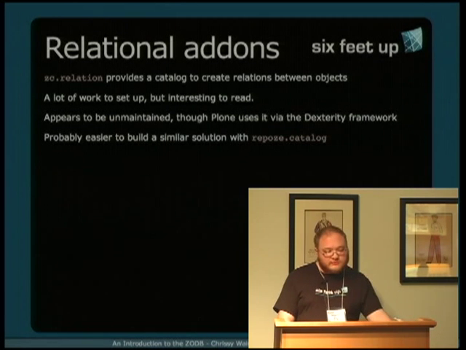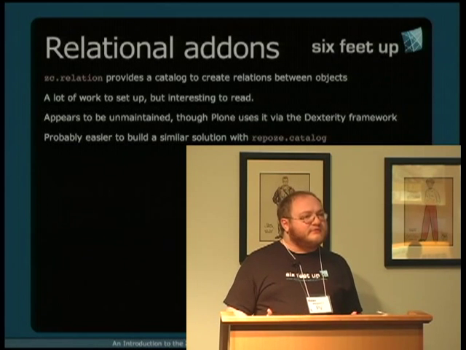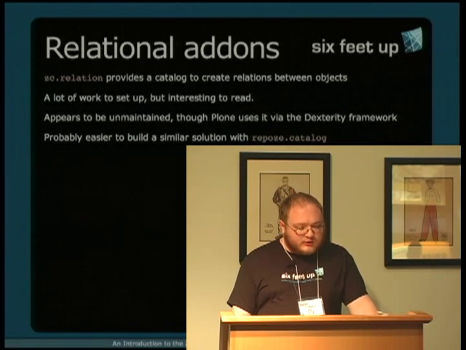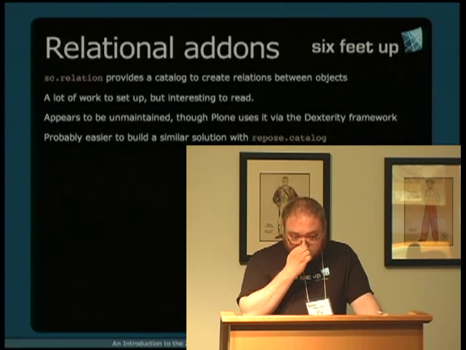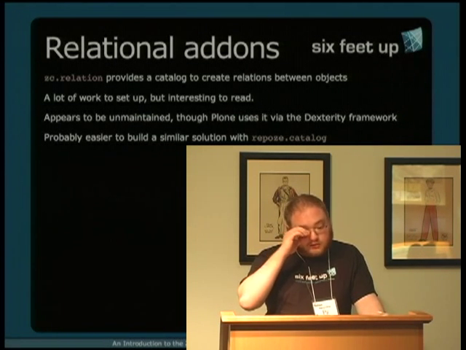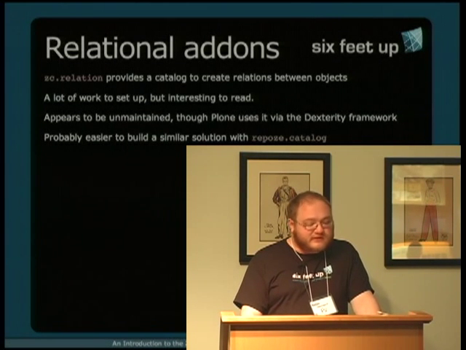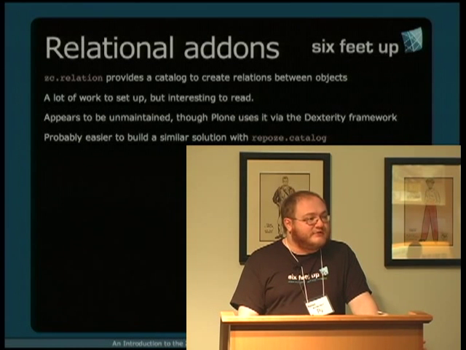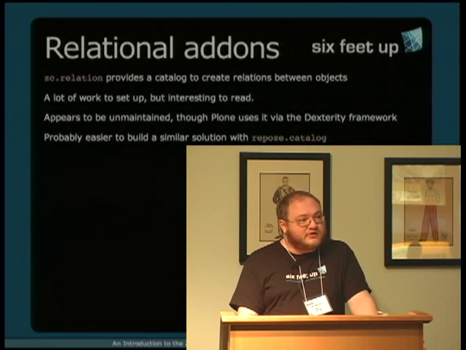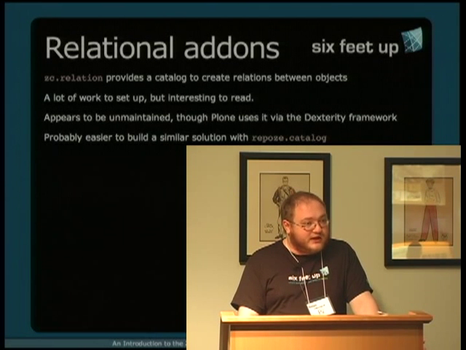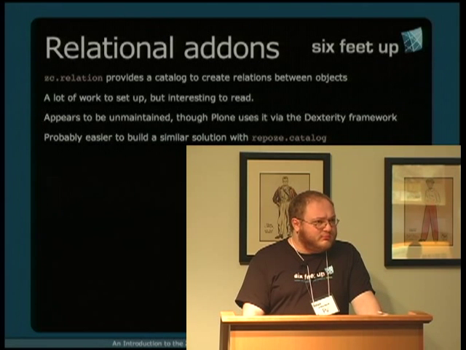There are also some relational add-ons to the ZODB to give it kind of relational support. The biggest one, or the most used one, sorry, most used outside of Plone, is zc.relation. This one requires a lot of manual setup, and it's actually a lot more work than even repoze.catalog. But the documentation is really interesting to read because it's got a lot of database theory in it. As far as I'm aware, it seems unmaintained.